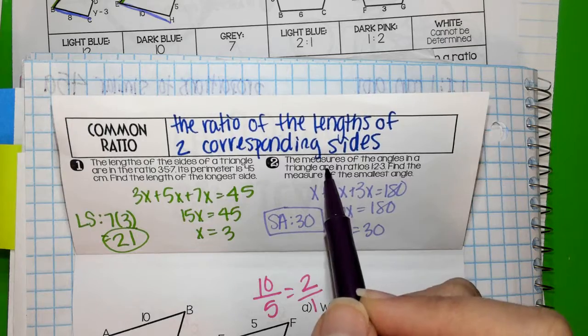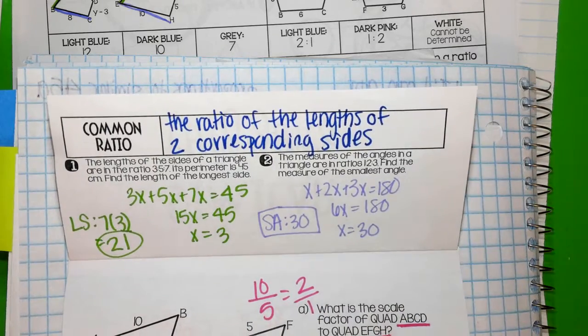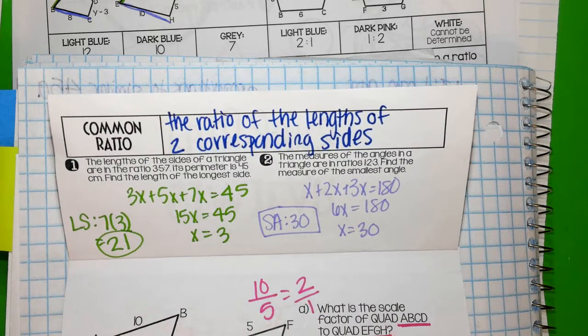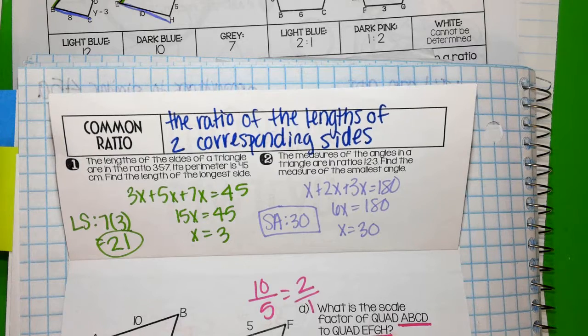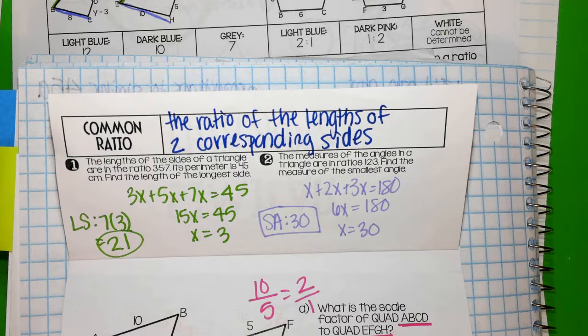Corresponding means they're in the same position. Similar means that they have a relationship between each other. But that's not what I'm asking you. I'm asking you what corresponding is. Oh, it means the same position.